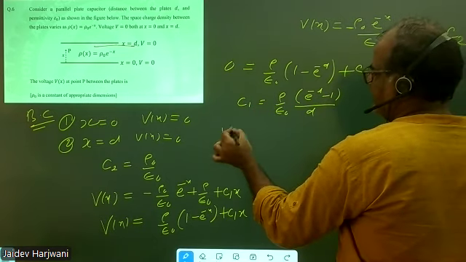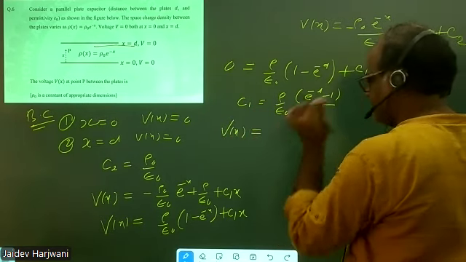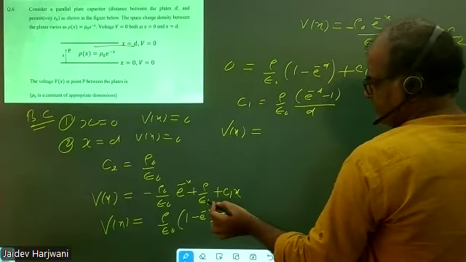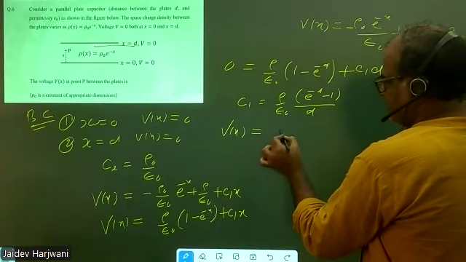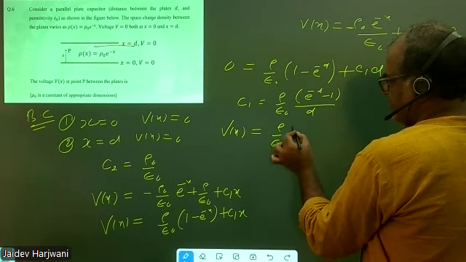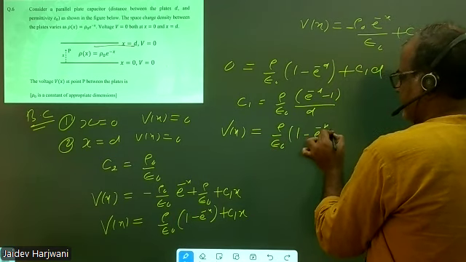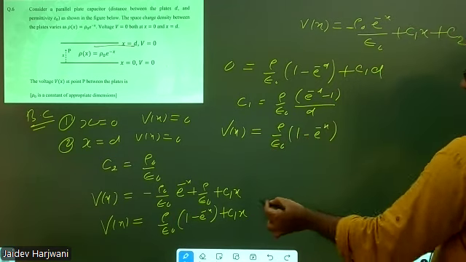Now you can write the potential V(x). So what will the potential V(x) be? You already have the term rho upon epsilon naught times 1 minus e power minus x. Now you have C1 x.